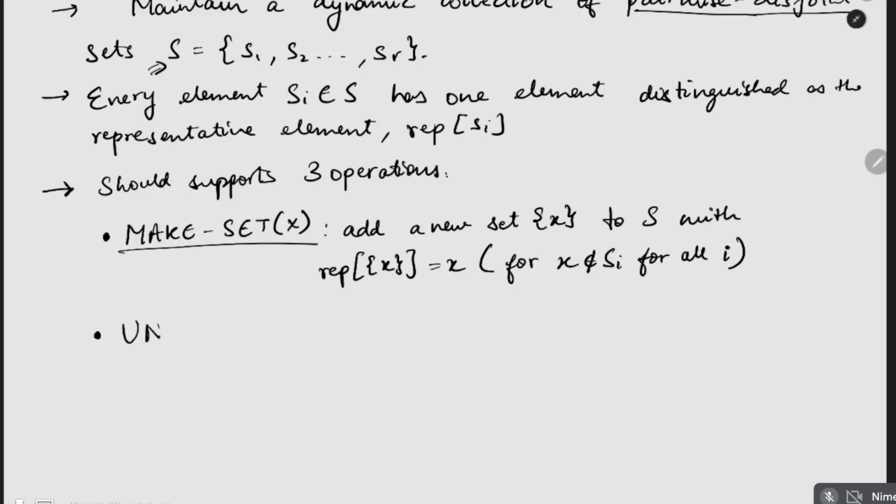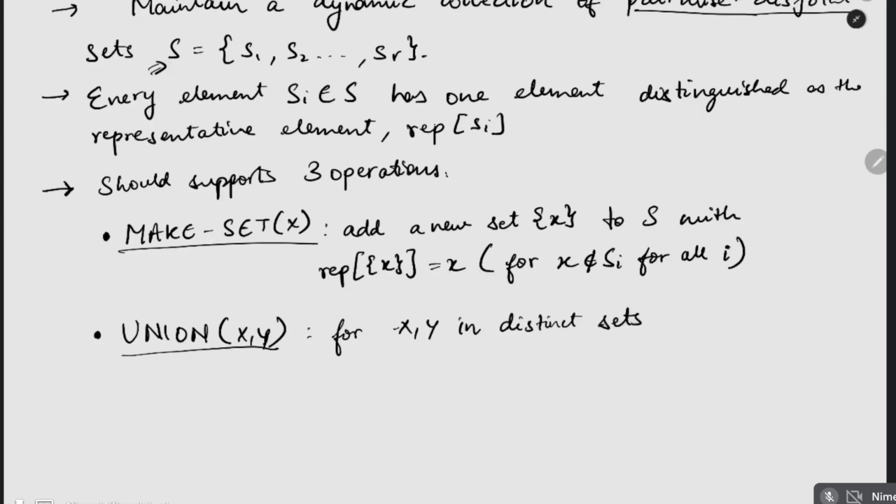Second is the union of two sets X and Y. For X and Y in distinct sets Sx and Sy, replace these two, Sx and Sy, with a single set that is the union of the two.